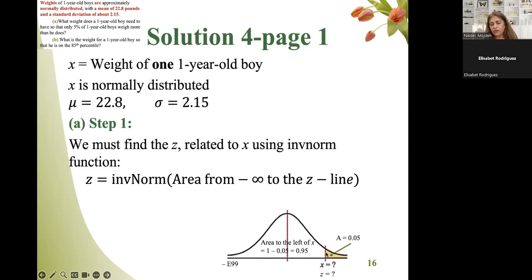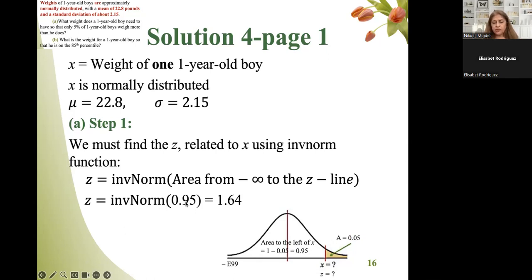So the area of the left region plus the area of the yellow region is 1, so the area of the left region is 1 minus the area of the yellow region. The area to the left of X, or white region, is 1 minus 0.05, which is 0.95.